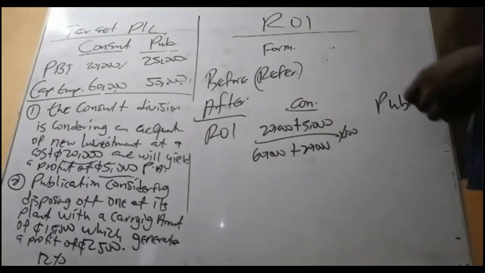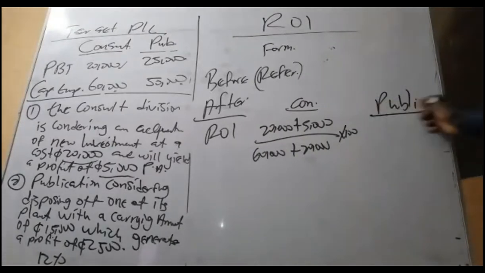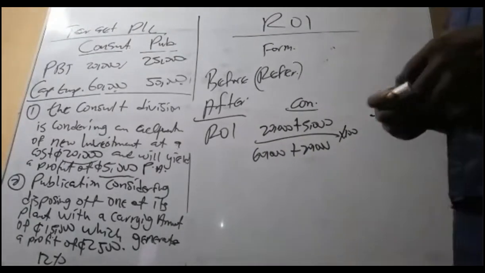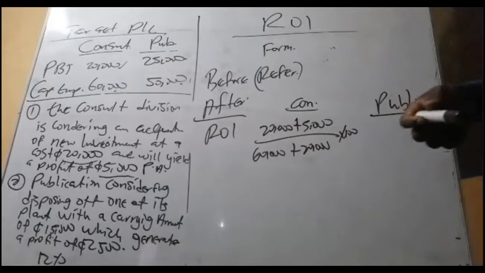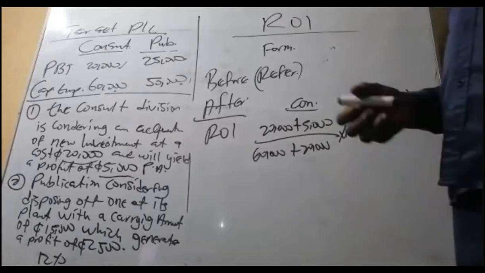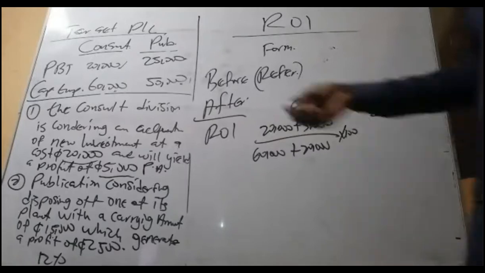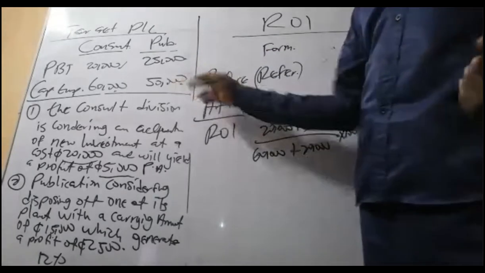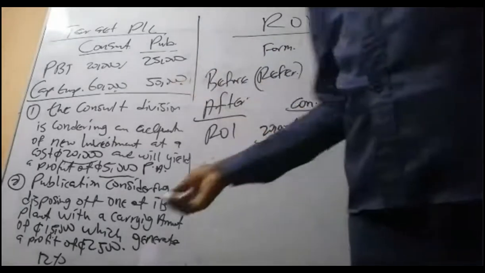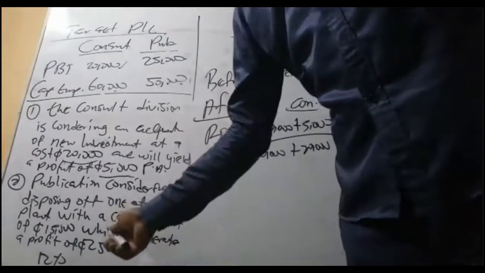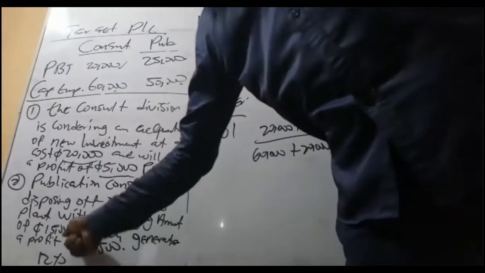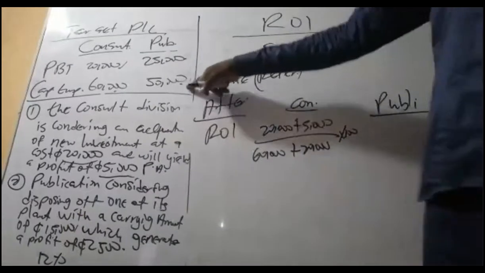What about the publications? With the publications, they rather disposed of, they sold some of their investments. If you are selling, you have to subtract. The capital they have is 50,000, and they sold a plant with a carrying amount of 15,000, so you take it off.